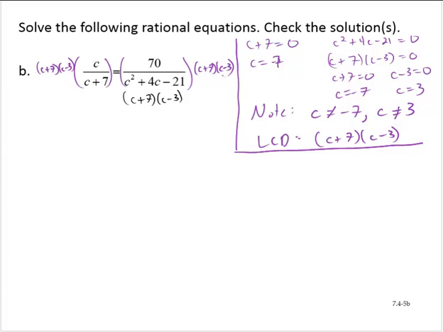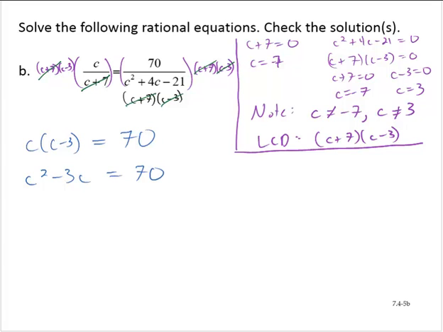On the left-hand side, the factor of c plus 7 reduces out, leaving c times c minus 3. On the right-hand side, the c plus 7 reduces out, and the c minus 3 reduces out, leaving just 70. So we get c squared minus 3c is 70.